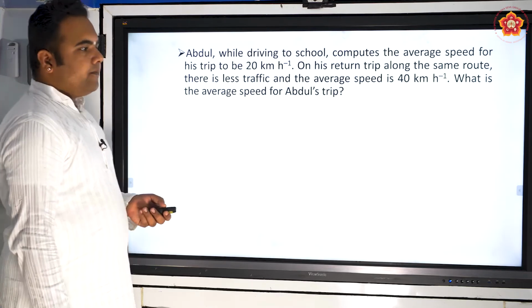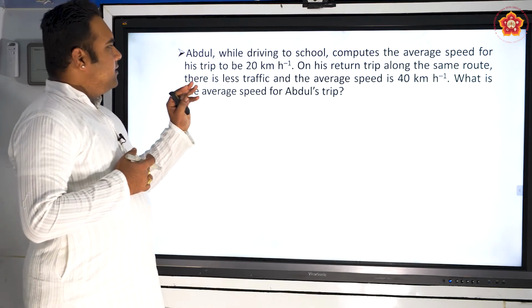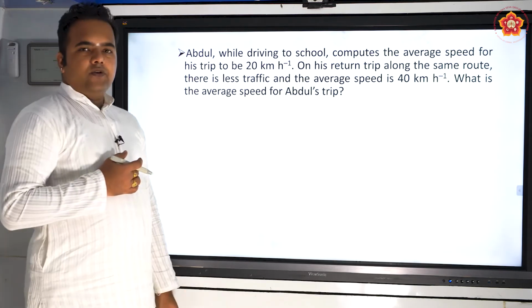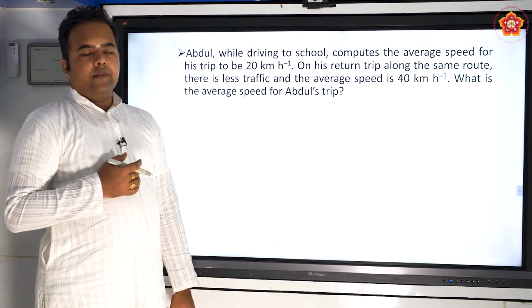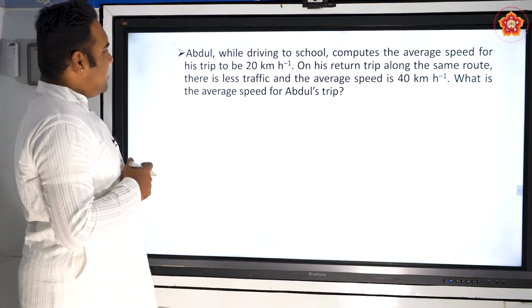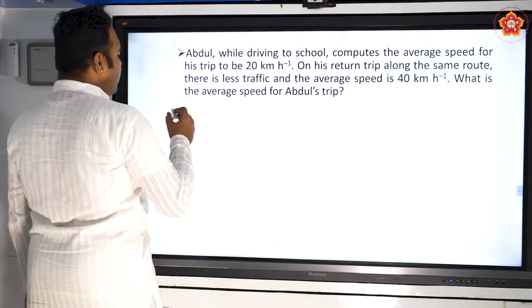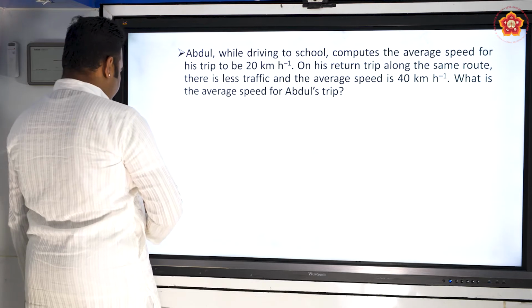And now this is a very, very important numerical, because this sometimes tries to confuse our understanding. Have a look at this now. Abdul, while driving to school, computes the average speed for his trip to be 20 kilometers per hour. So he is going to school from home. Say for example, both are along the straight line path.